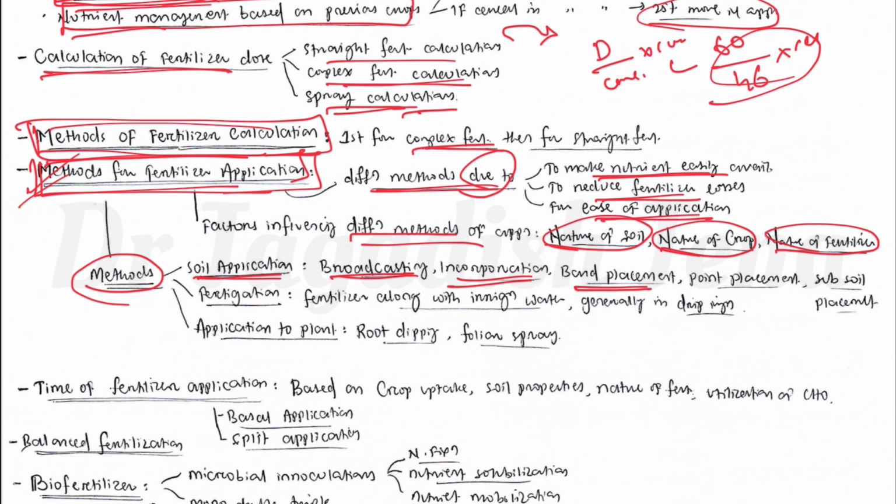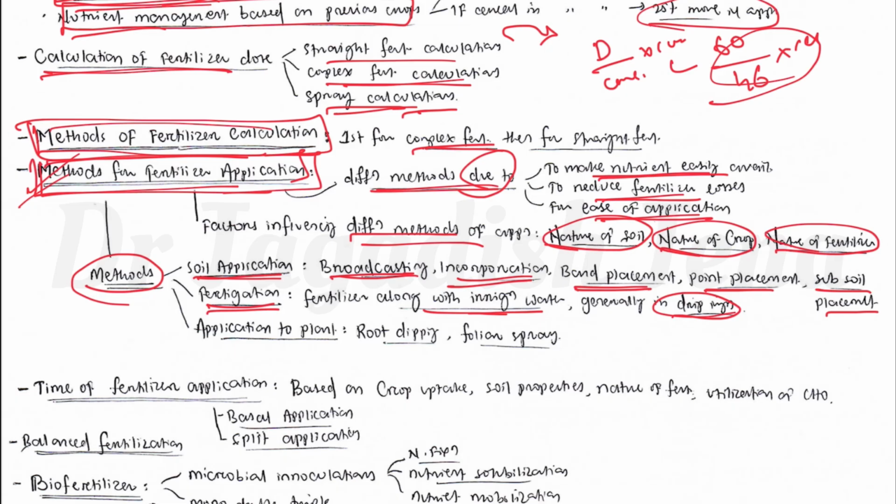Then band placement: mostly for immobile nutrients like phosphatic fertilizers, we have to go for band placement. Then plant placement is similar. Subsoil placement, like I was discussing for incorporation, we can do for those types of volatile substances. Then fertigation. Fertigation means applying nutrients through irrigation water, generally through drip irrigation.